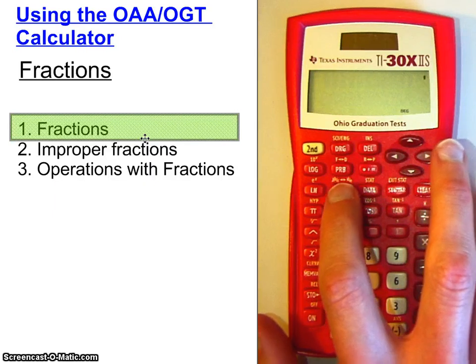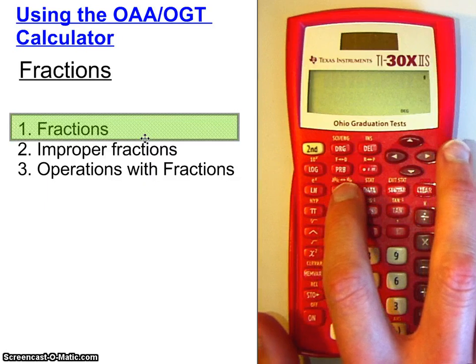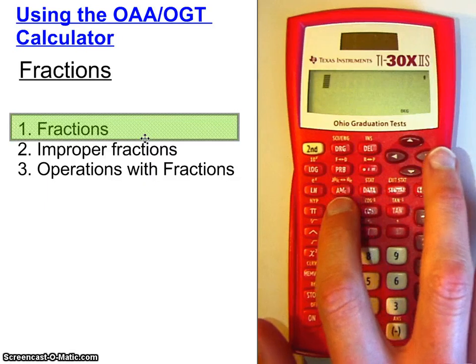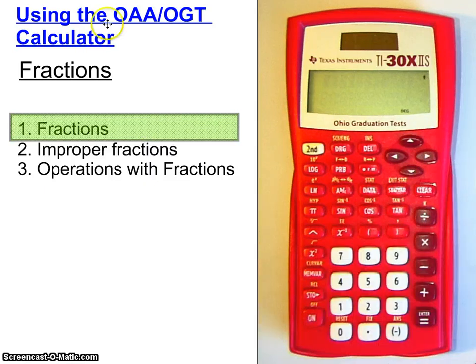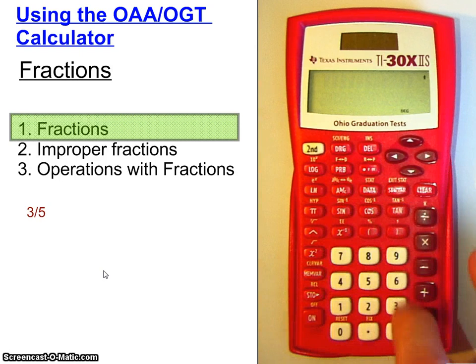And you also see some scribbling in yellow here, but we're just going to focus on what is in the red button, white writing, the A with a b over c. I'm going to write 3/5 as a fraction on the calculator.